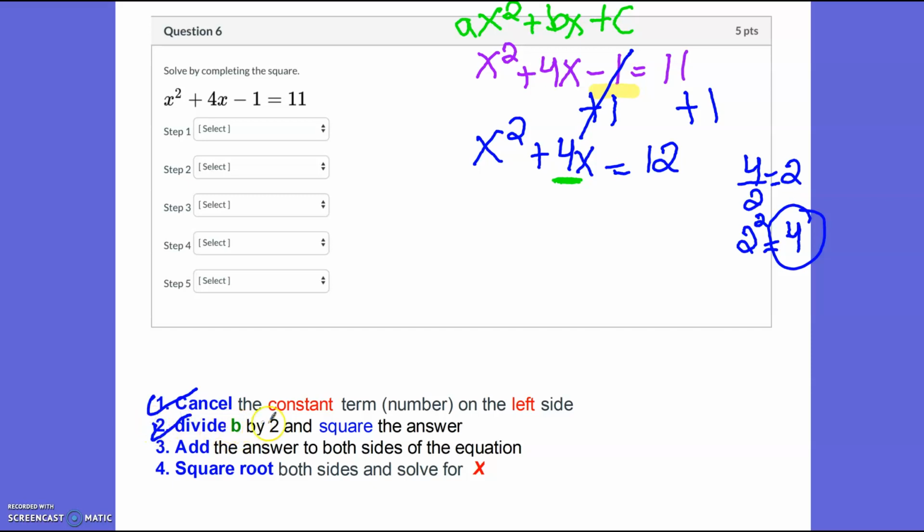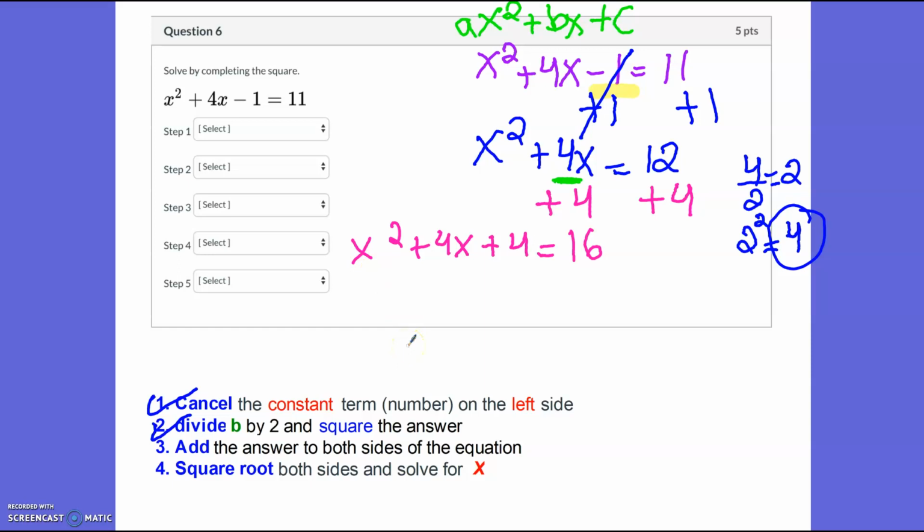So we are going to add. So we did this step. We divided and then we squared the answer. Now we're going to add 4 to both sides. Plus 4, plus 4. My equation now looks like x squared plus 4x plus 4 equals 12 plus 4, which is 16.